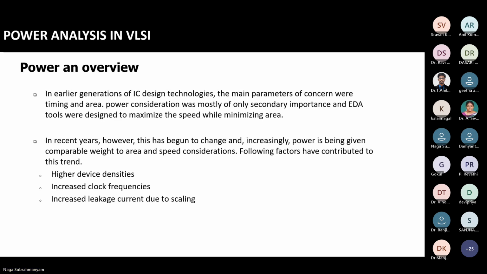And as many subsystems are increasing on the SoC, that much leakage current will be there, so we need to manage the power in the given area for that respective speed.